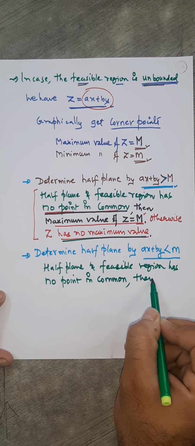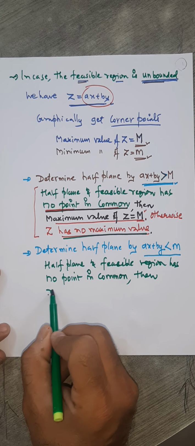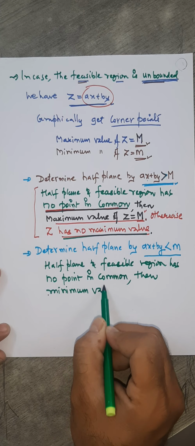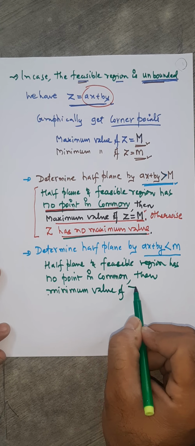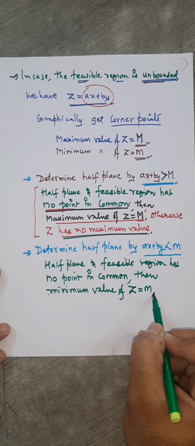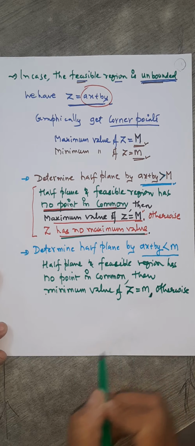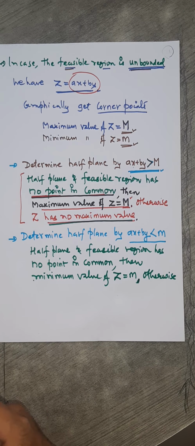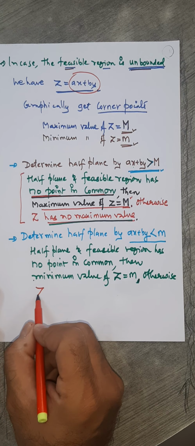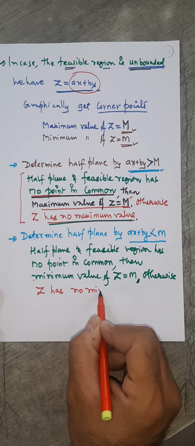Then here we wrote the maximum value, here the minimum value of z equals small m. Otherwise, the function z has no minimum value.